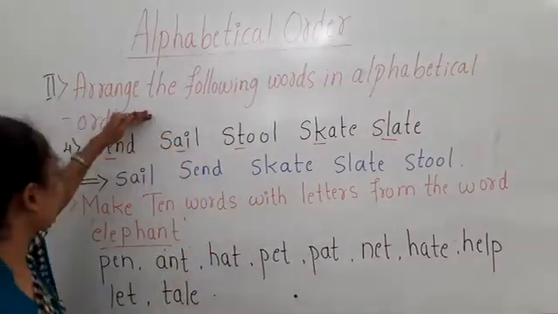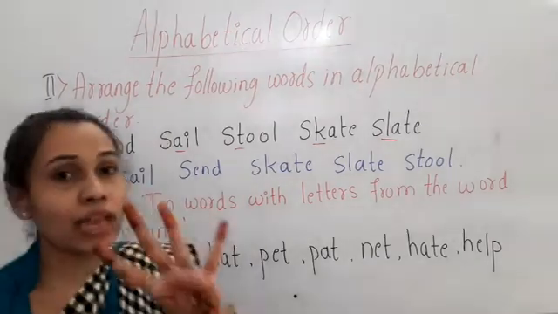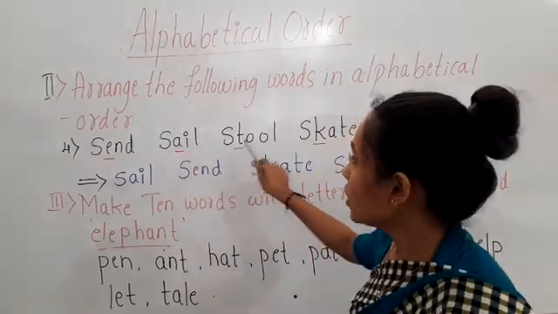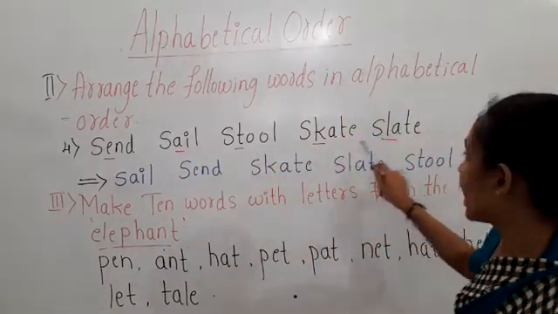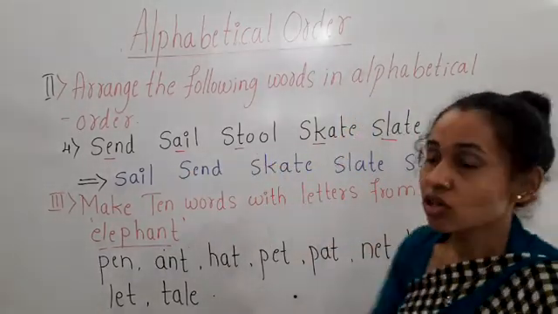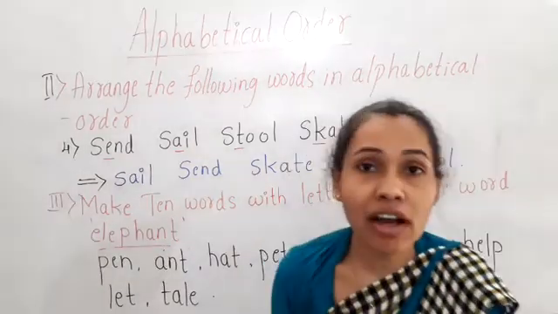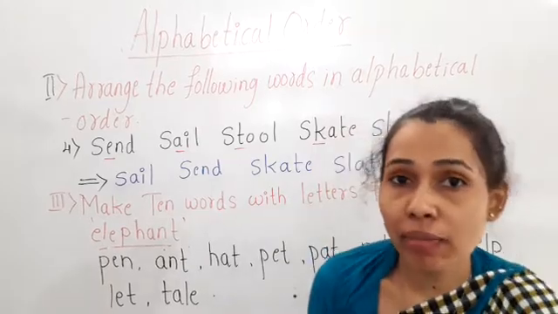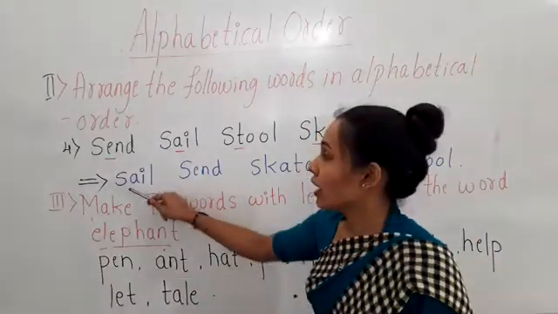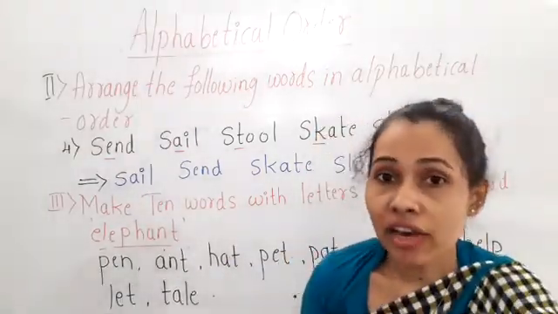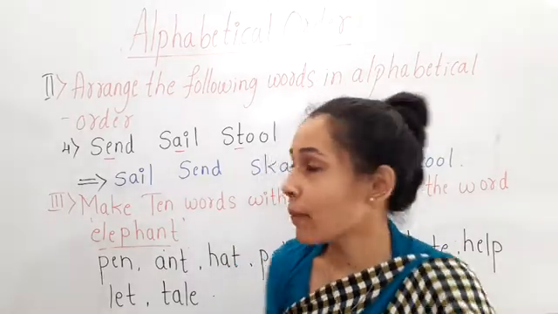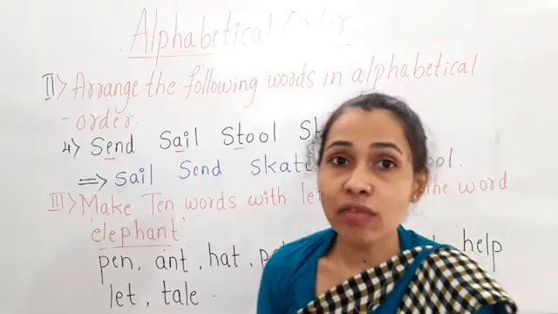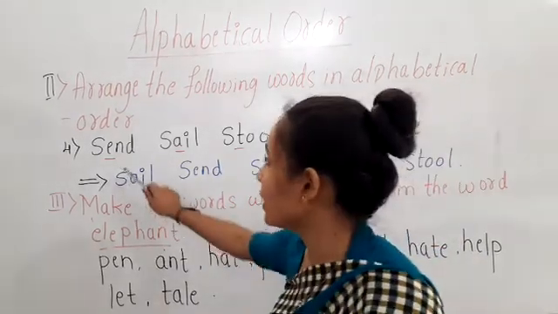So in main question number 4, there are a few words: send, sail, stool, skate, slate. These words we have to arrange in alphabetical order. You have to remember one rule, children. Whenever we are arranging words in alphabetical order, if the first letter is the same, then we have to move on to the second letter.